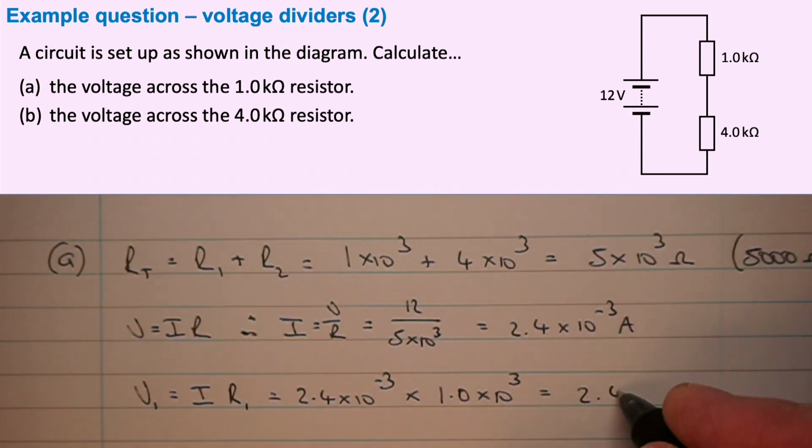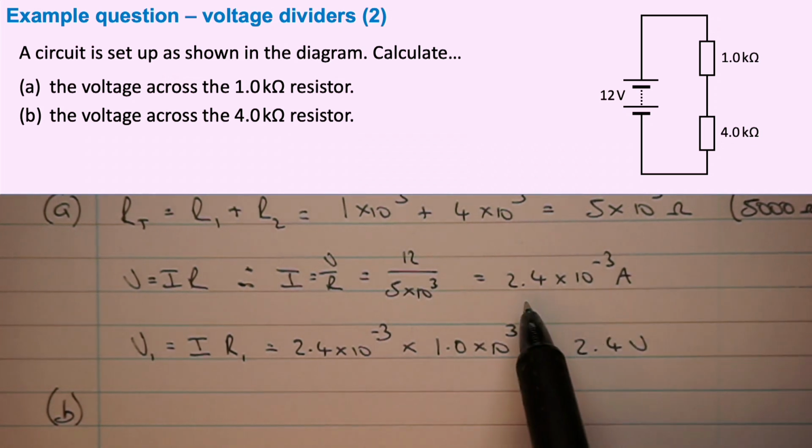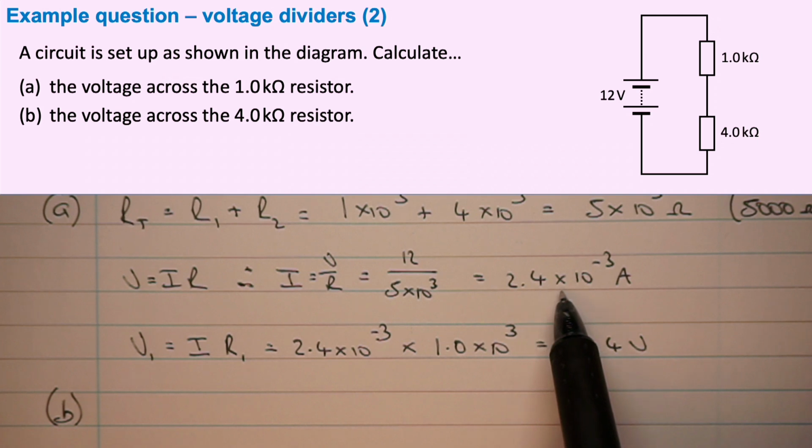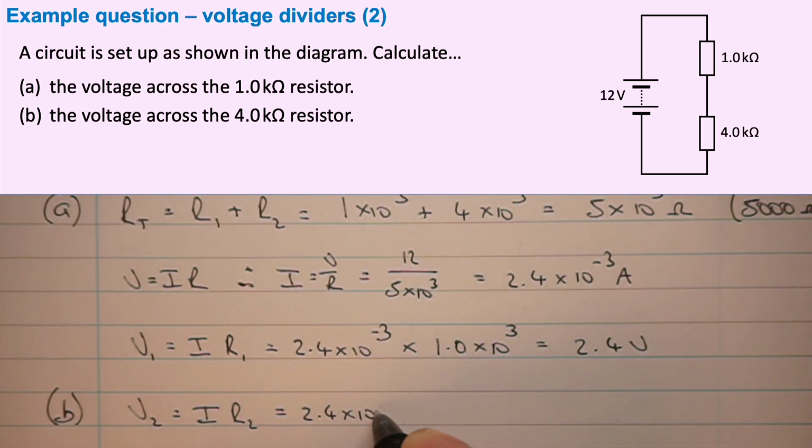So 2.4 volts. Now, part B, I already know the current in both resistors is the same. So the current in the bottom resistance, that 4k resistor, would also be 2.4 times 10 to the minus 3 amps. So I could use V2 is I times R2. Current is 2.4 times 10 to the minus 3, and of course, the bottom resistance, 4.0 times 10 to the power of 3.